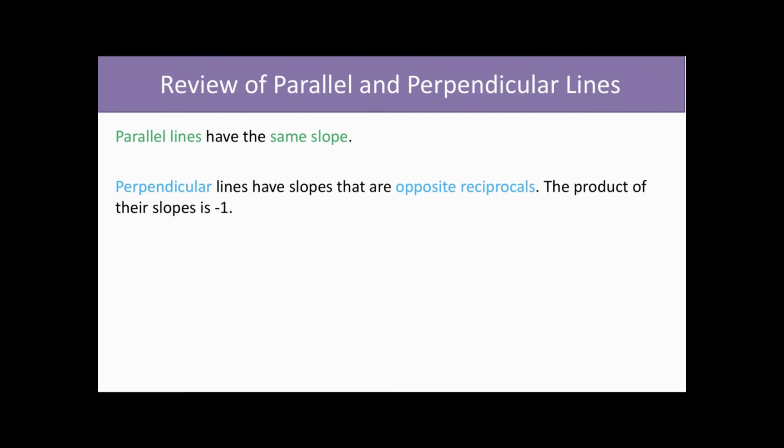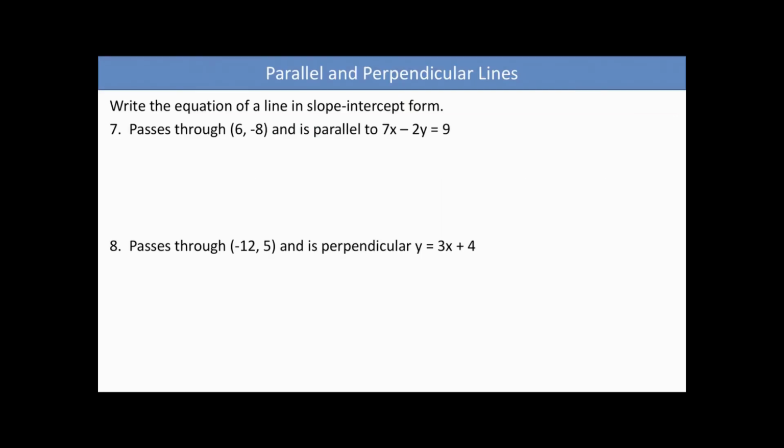So from our last lesson, we had talked about slopes of parallel lines and perpendicular lines. So just to review, parallel lines have slopes that are the same. And if lines are perpendicular, then their slopes are opposite reciprocals, or their product is -1. So here you're asked to write an equation of a line given a point and some information about a line.